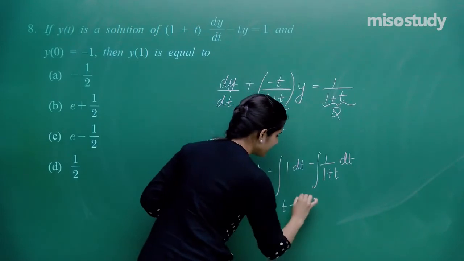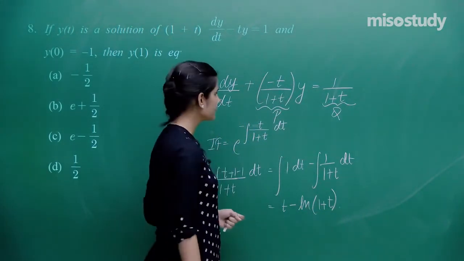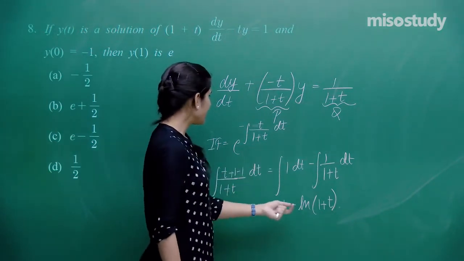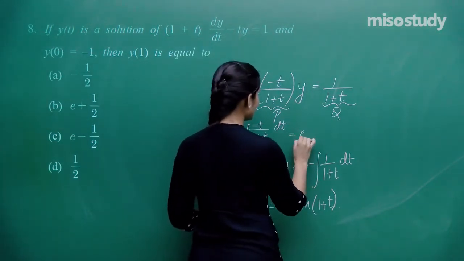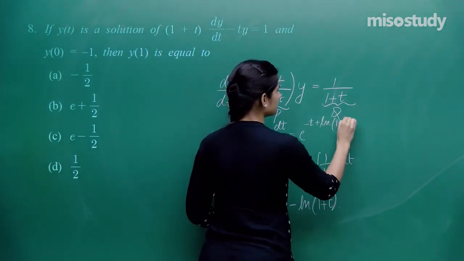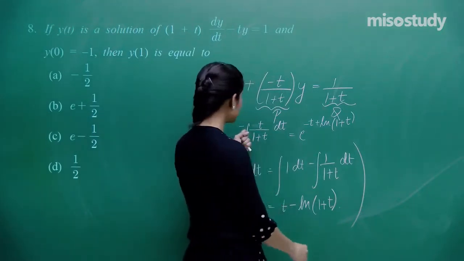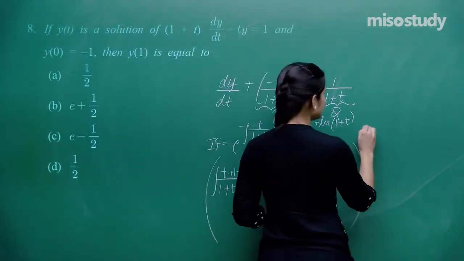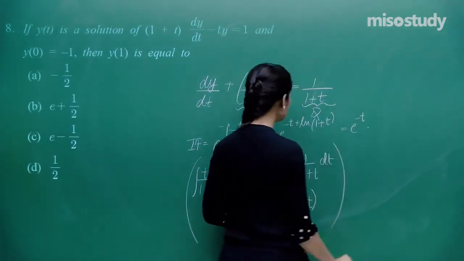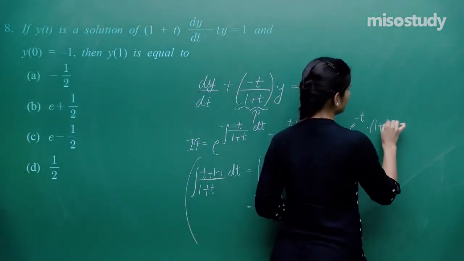This gives you t minus ln of 1 plus t. If this integration is t minus ln of 1 plus t, you are actually getting e to the power minus t plus ln of 1 plus t, because minus sign was already present over here. This gives you e to the power minus t into e to the power ln of 1 plus t, which is just 1 plus t.